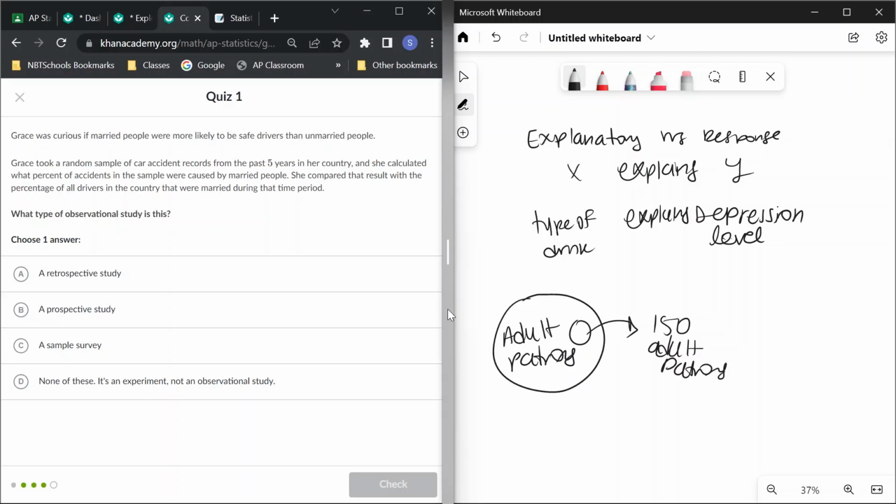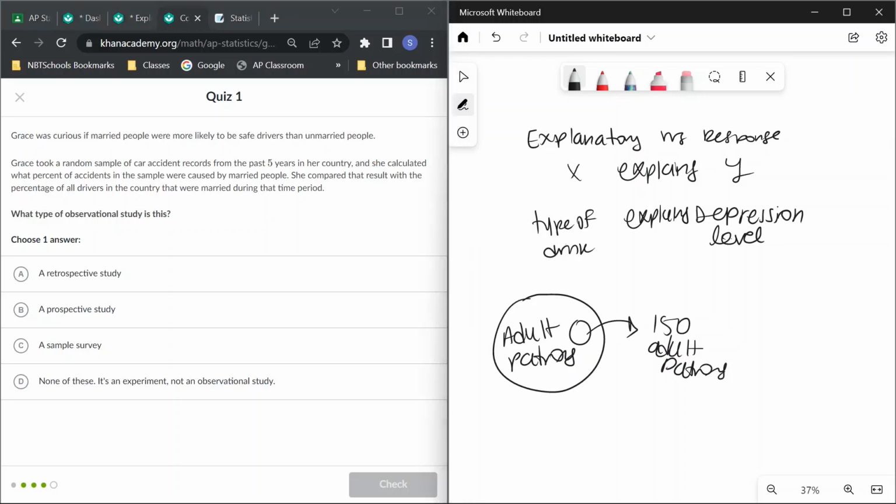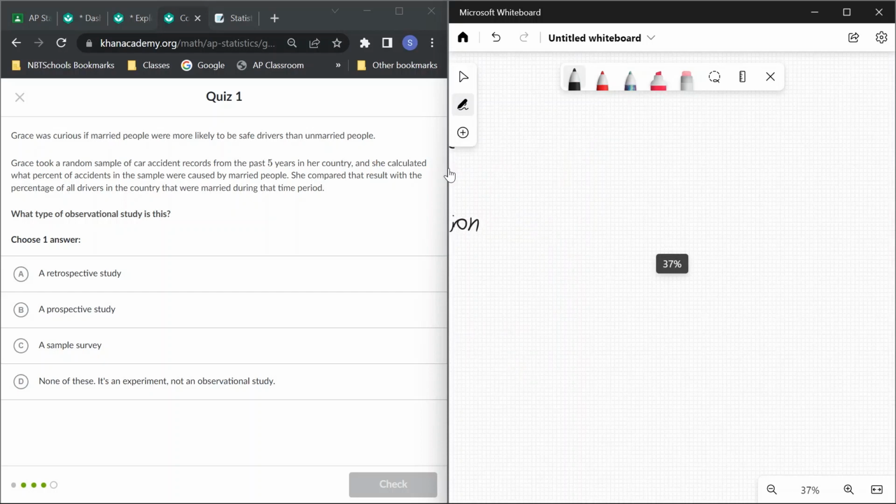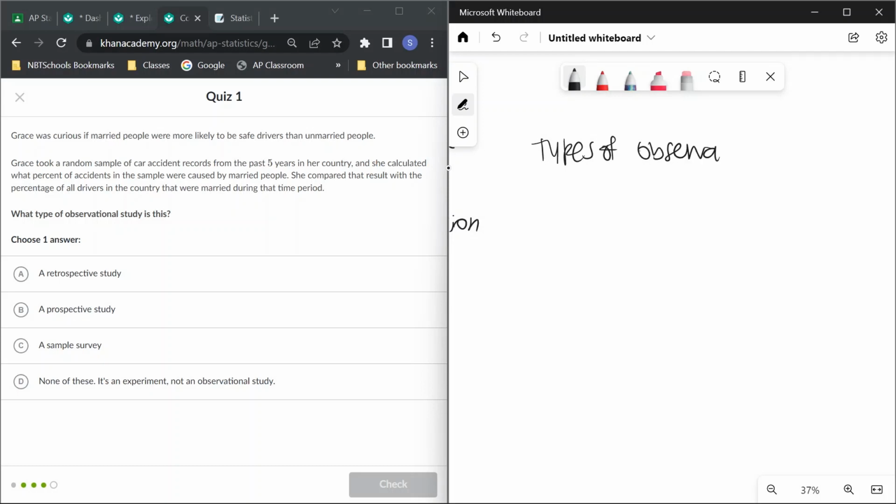Oh, not this again. I literally did not even remember this. Types of observational study. This is just torture now. I don't know, man.